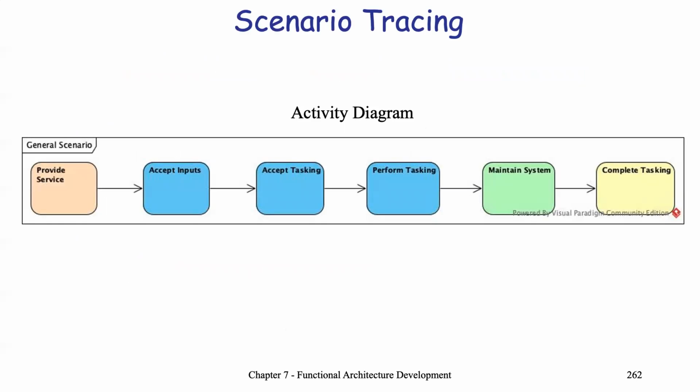So here's just a single chart for an activity diagram showing the flow for a scenario. You provide a service, you accept inputs, accept the tasking, perform the tasking, maintain the system, and complete tasking. You can think of an elevator example that's probably clear, but really for any system, you can have this type of flow.